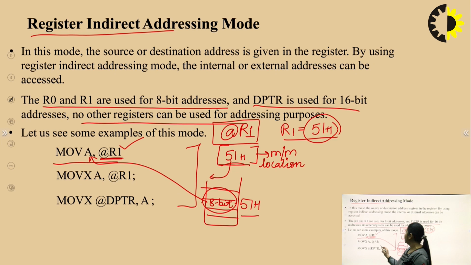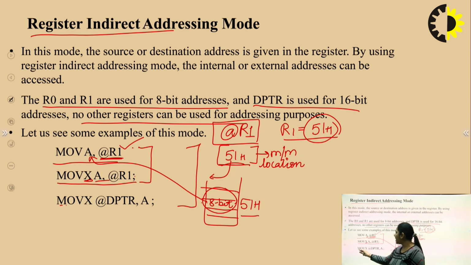Now if we look at this example, in the external data memory, the value of that memory will be copied to the accumulator. The difference between these two instructions, MOV A, @R1 and MOVX A, @R1, is only X. So this X indicates that the external data memory is used.